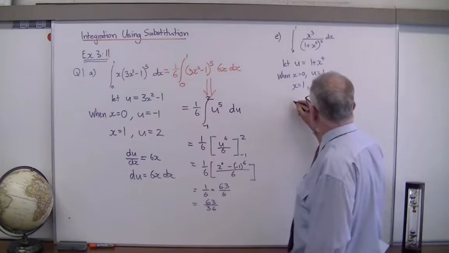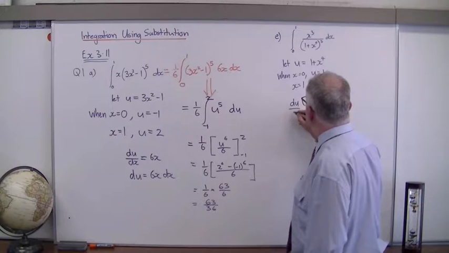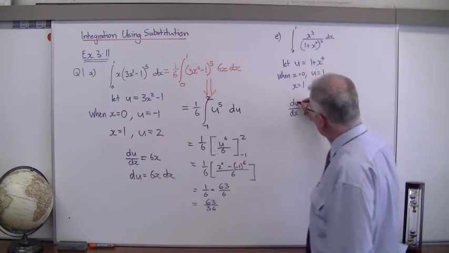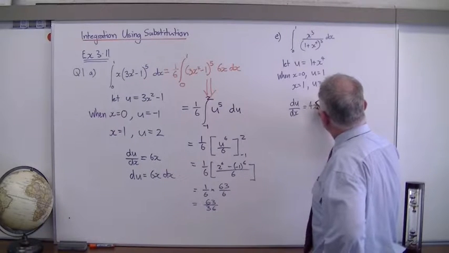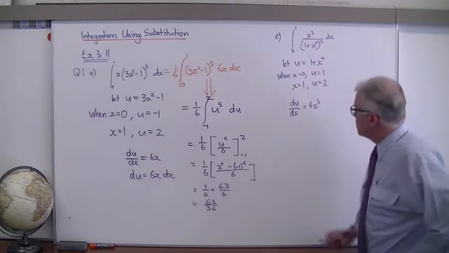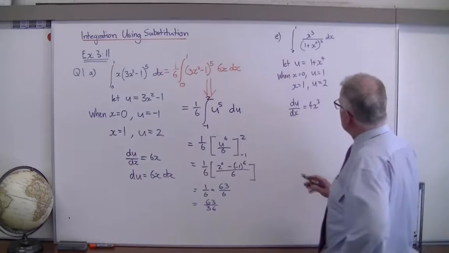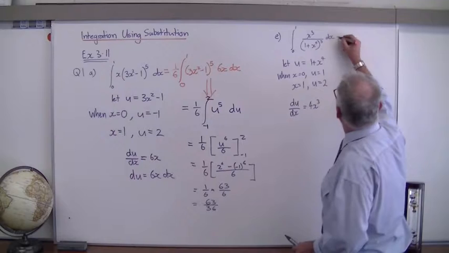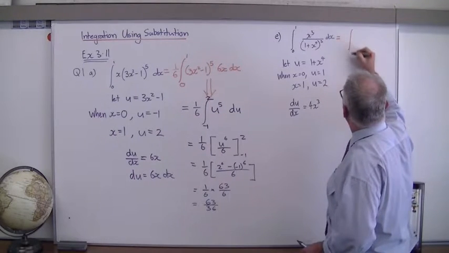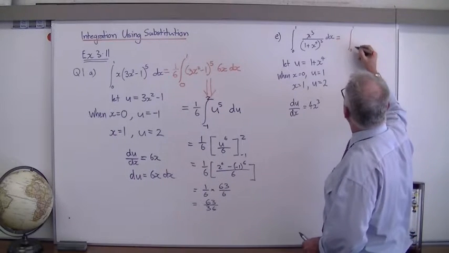The other important thing that we need is that du dx, the derivative of u with respect to x, will be 4x cubed. Now, over here, we put in the limits from 0 to 1.